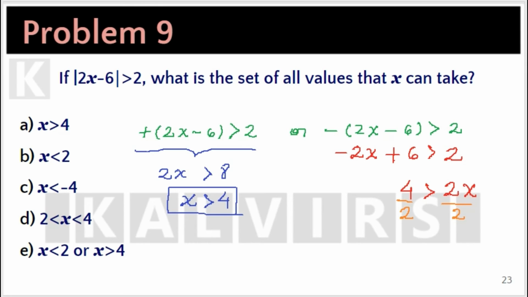I'll divide both sides by 2. x is less than 2. So, x is a number that is greater than 4 or less than 2. Choice E is correct.